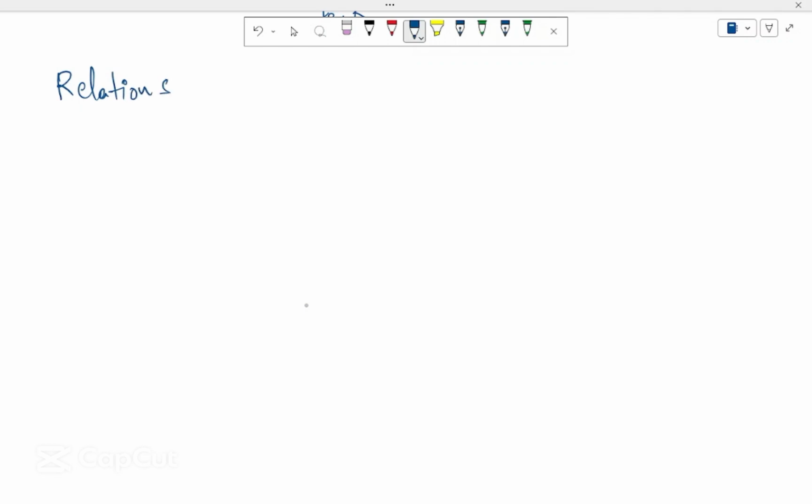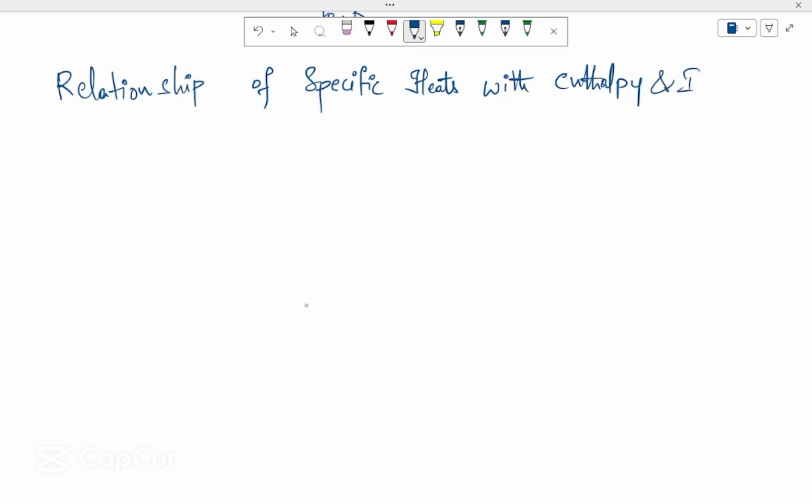Here we should understand what is the relationship of specific heats with enthalpy and internal energy.